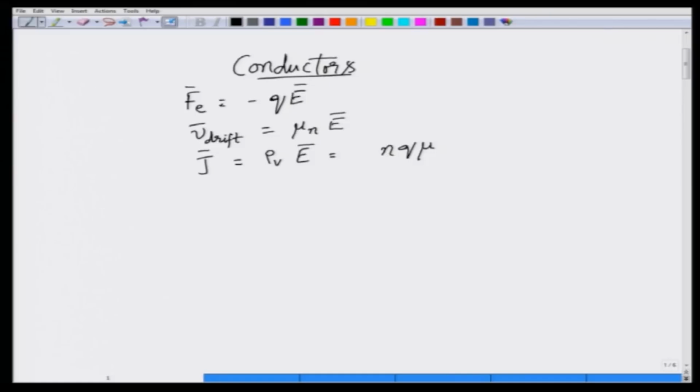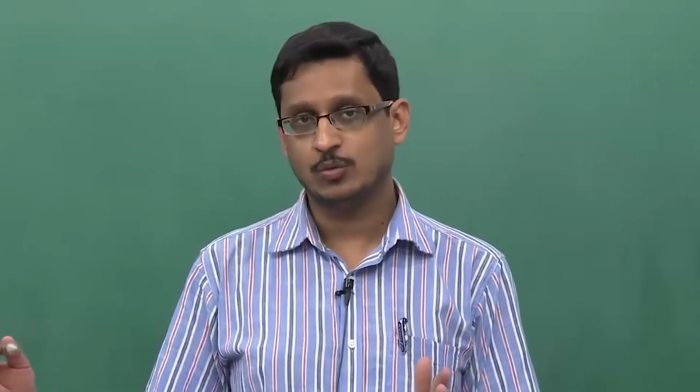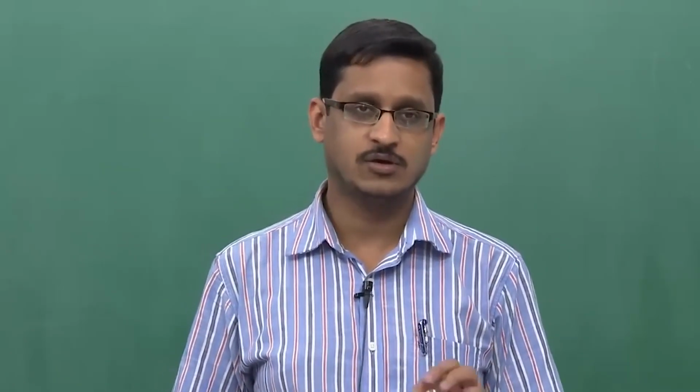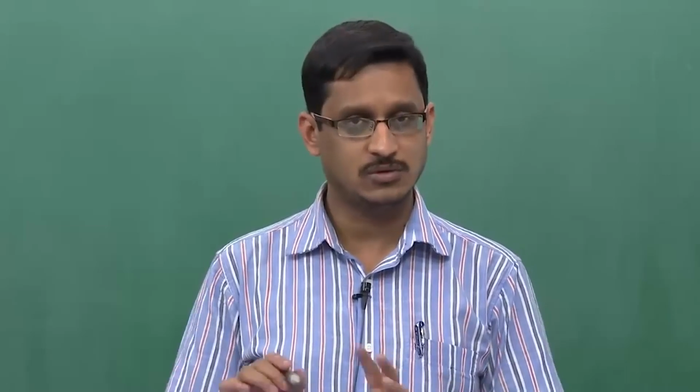You just have to remember that electrons move against the field, and however their current would actually be considered in the direction opposite to the electron movement. So, the conventional current flows from left to right, for example, as the electrons move from right to left. So, I am not writing the minus sign, but you have to mentally understand that the quantities would be negative wherever appropriate. When you are considering electron flow, you have to use the appropriate minus signs here.